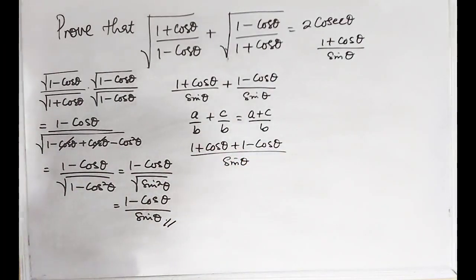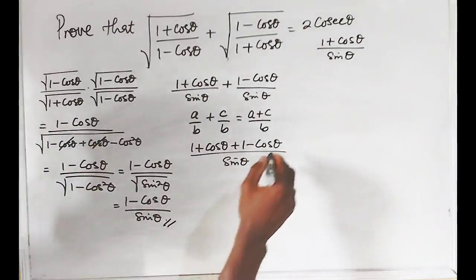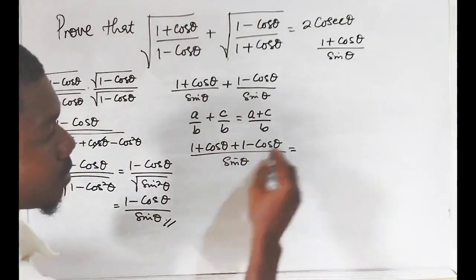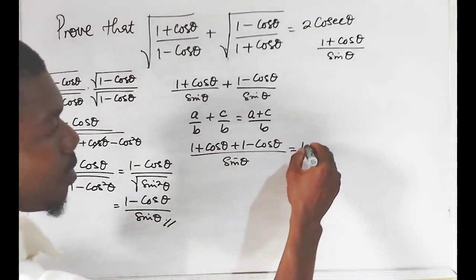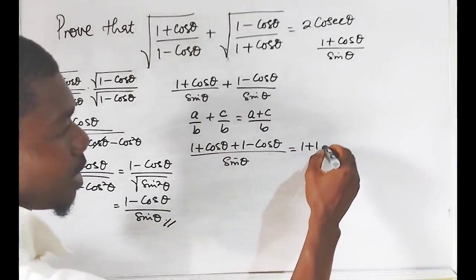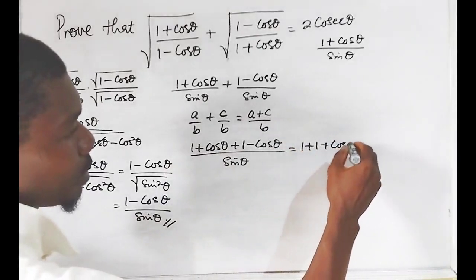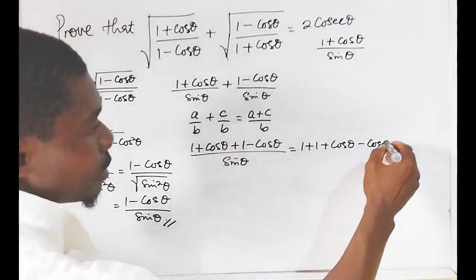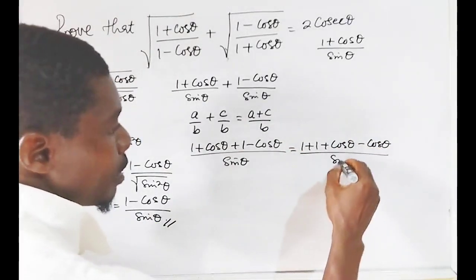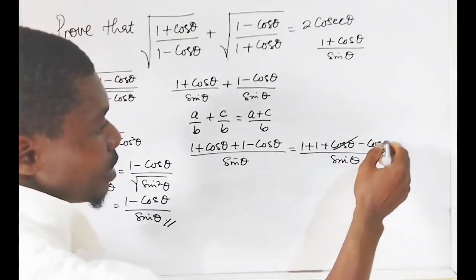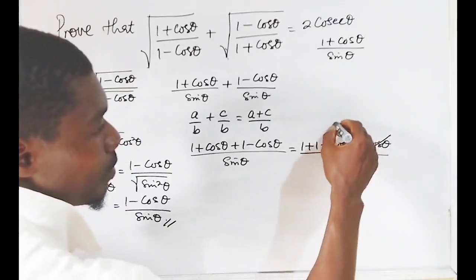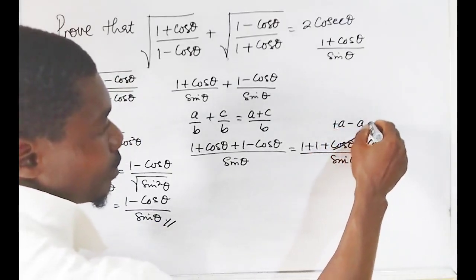Collecting like terms, here we have 1 plus 1, then plus cos theta minus cos theta, all over sine theta. The cos theta terms eliminate each other because plus a minus a gives 0.